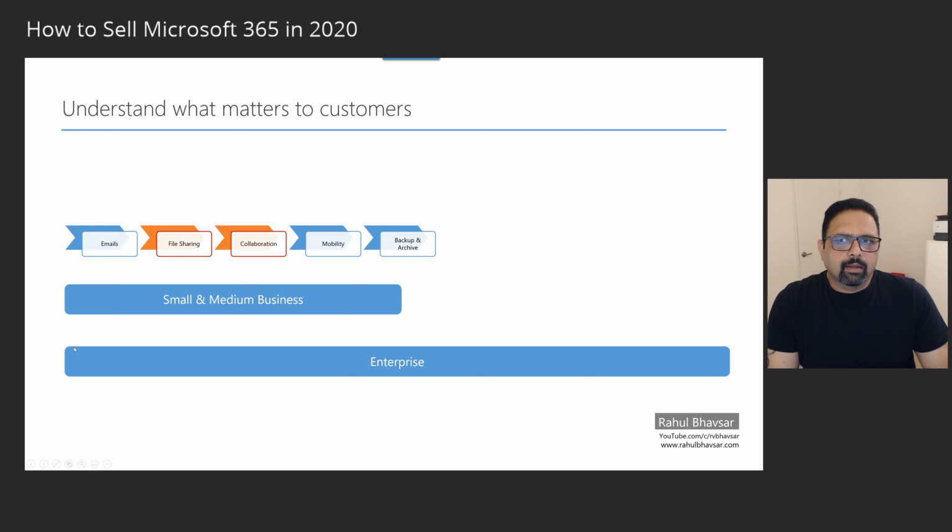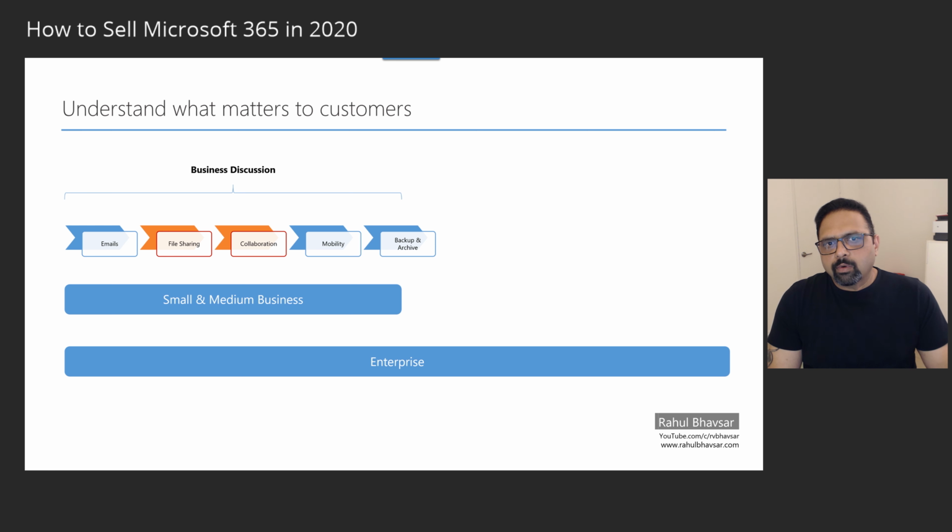And finally, the business topic which we want to touch upon is backup and archive. Small, medium, SMB customers really care about all of these key things, as well as the enterprise customers. But there are a few things which I'm going to talk about which enterprise cares about, but small business doesn't care a lot.